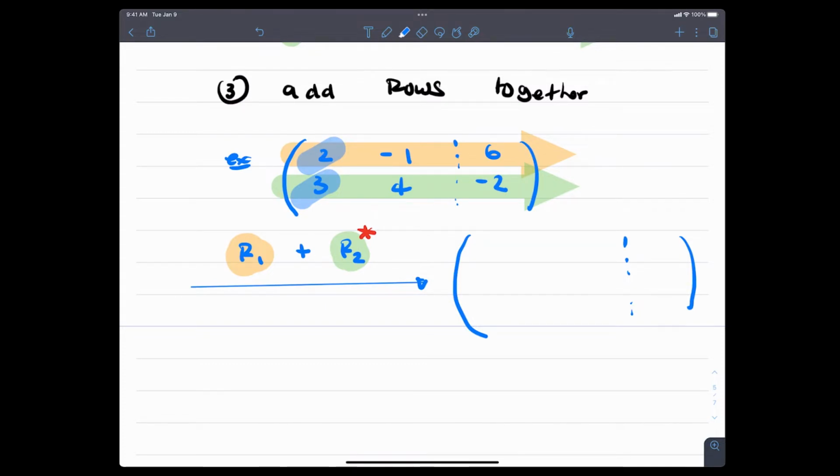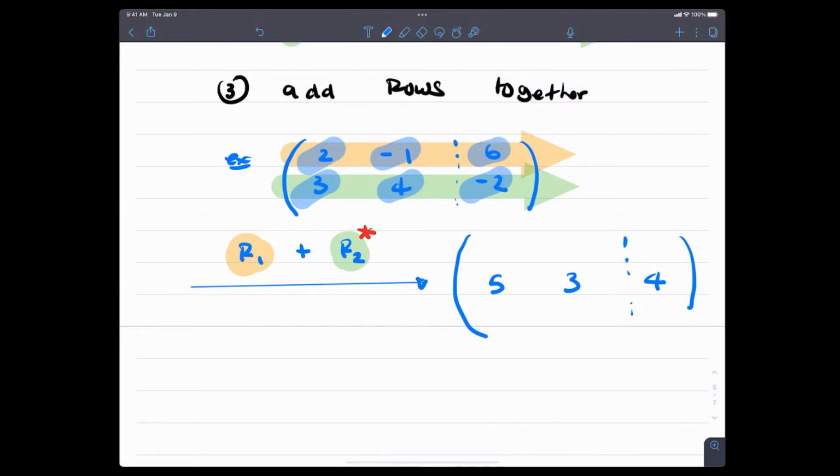You see how I have the asterisk on row 2? That means put your answer in row 2 here. That's what that means. Put the answer in row 2. So when I go to the next computation, -1 plus 4, what's -1 plus 4? It's positive what? 3. You put your answer in row 2. That's why you put the asterisk always in row 2. And what's 6 plus -2?